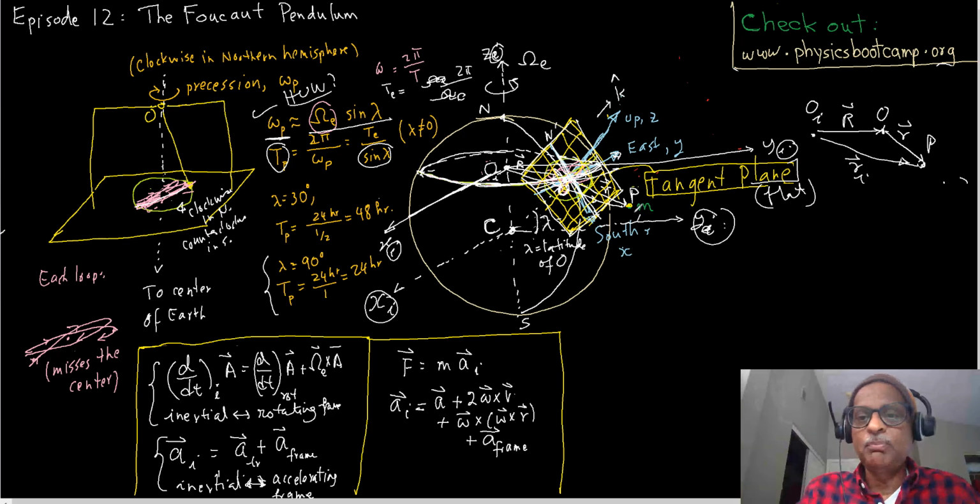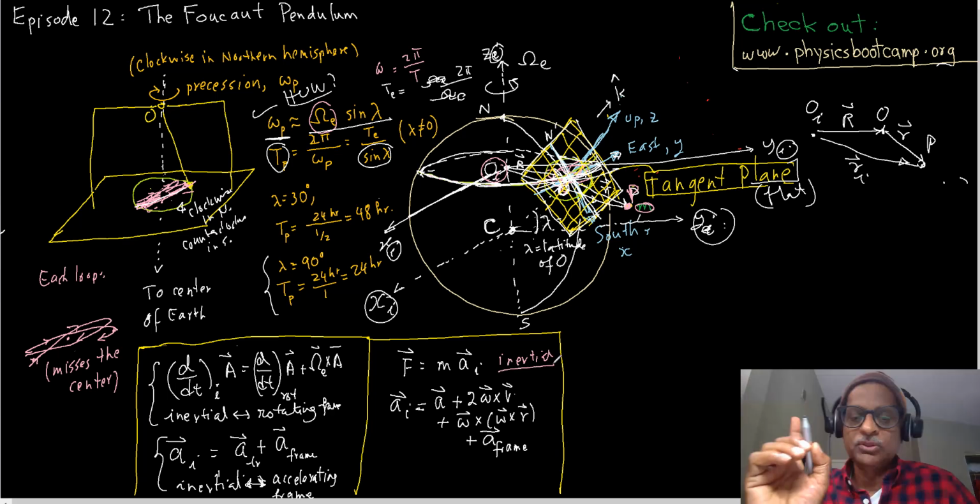So if I look at a particle, some particle P of mass m, its equation of motion with respect to the inertial frame will be just this.